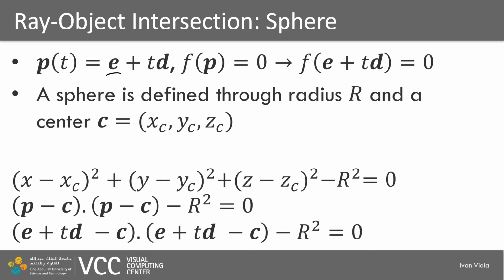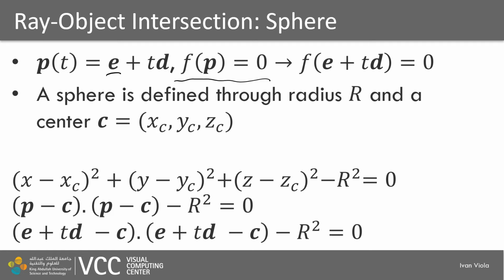So now we will start iterating over the objects in the scene. And these objects can be defined analytically, like for example, a sphere can be defined as a particular object in the scene. So now imagine we have the sphere defined with an implicit formula f(p) equals 0. And this is generally a valid approach.